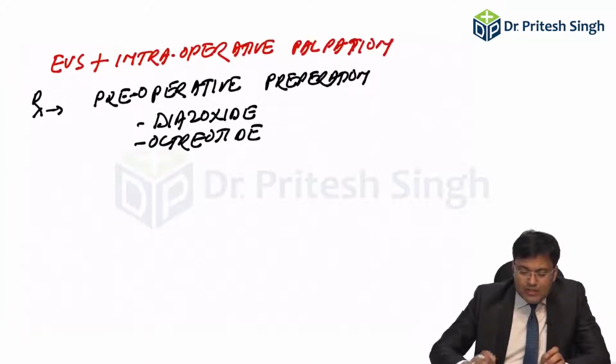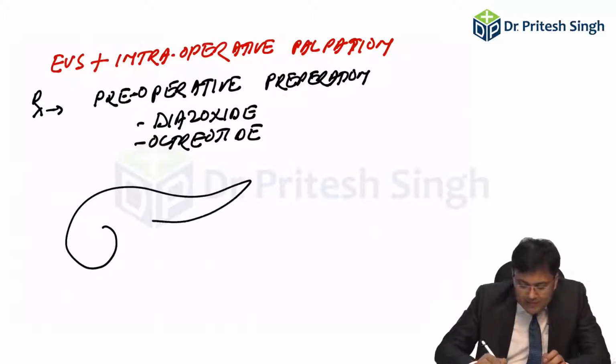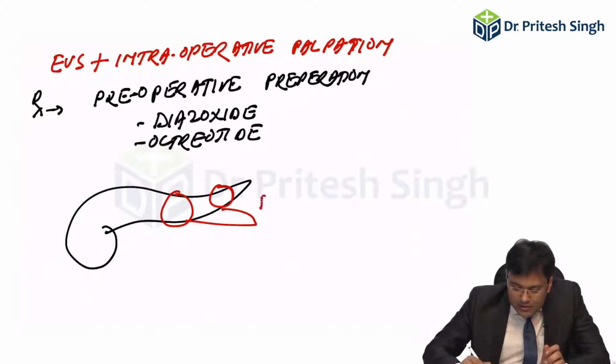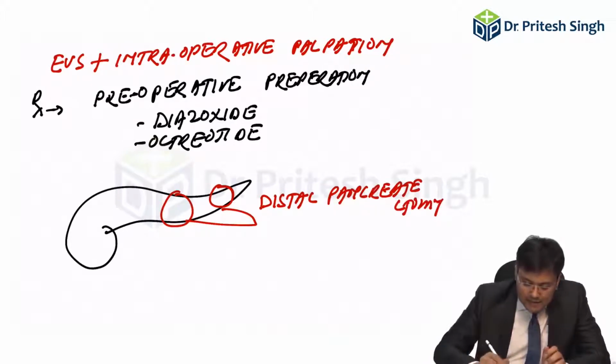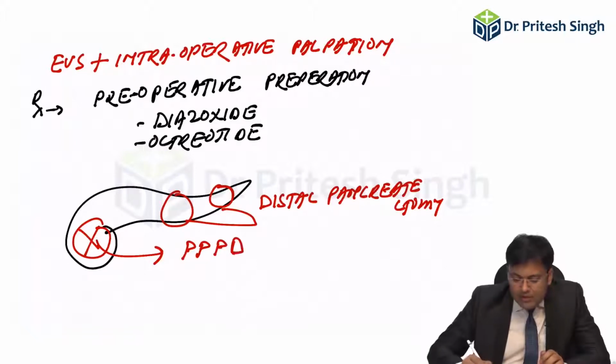After that, I'm going to tell you a simple logic. Have a look. Suppose this is pancreas. There is any tumor in the body and tail. Any tumor. What's the treatment? Treatment is distal pancreatectomy. Simple. And if there is any malignant tumor in the head, treatment is pylorus preserving pancreaticoduodenectomy or Longmire-Traverso procedure.